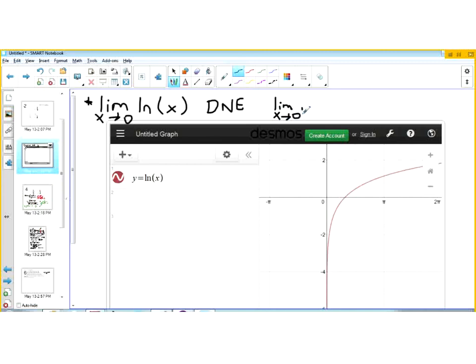So the limit as x approaches 0 from numbers less than 0 of the natural log function doesn't exist, and so the limit as x approaches 0 of the natural log function doesn't exist. But we do have a right limit. We can approach 0 from numbers bigger than 0. That exists.